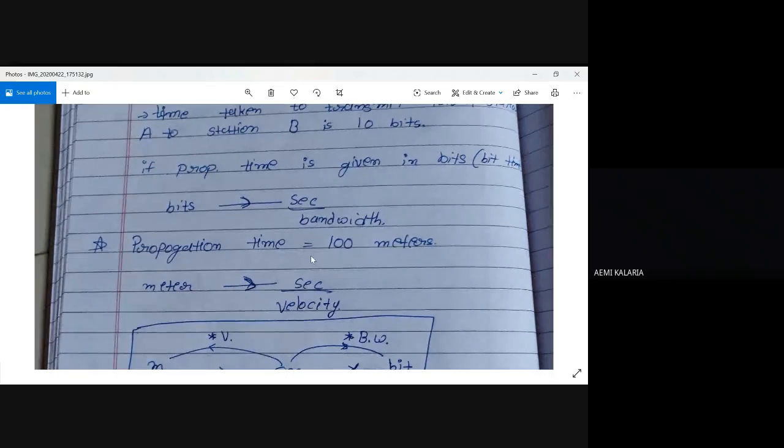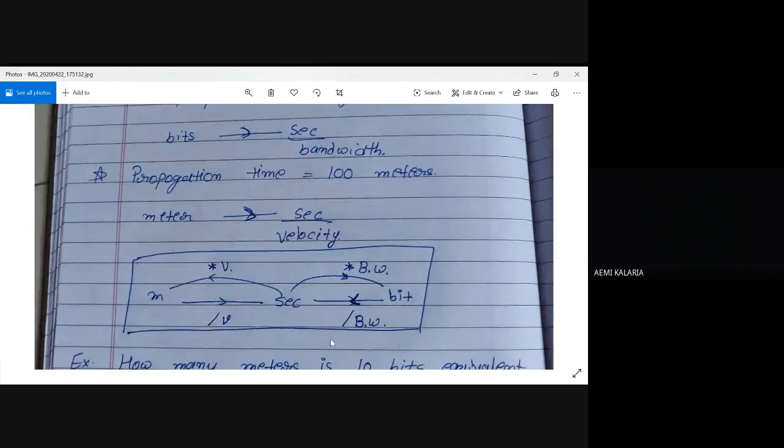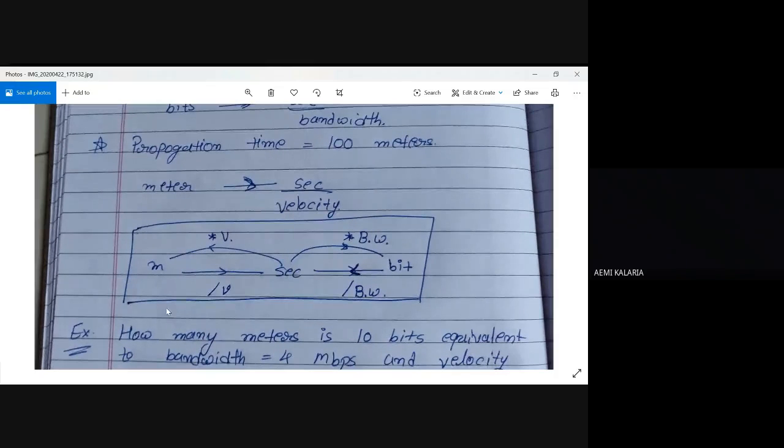Next thing, propagation time many times is given in meters, not in seconds. At that time, if you want to convert meters to seconds, you have to divide by velocity. So simple. If I want to describe it in two lines, how can I do meter to second conversion as well as second to bit conversion, right? If I want to convert from meter to second, then simply, as this arrow represents, I have to divide by velocity.